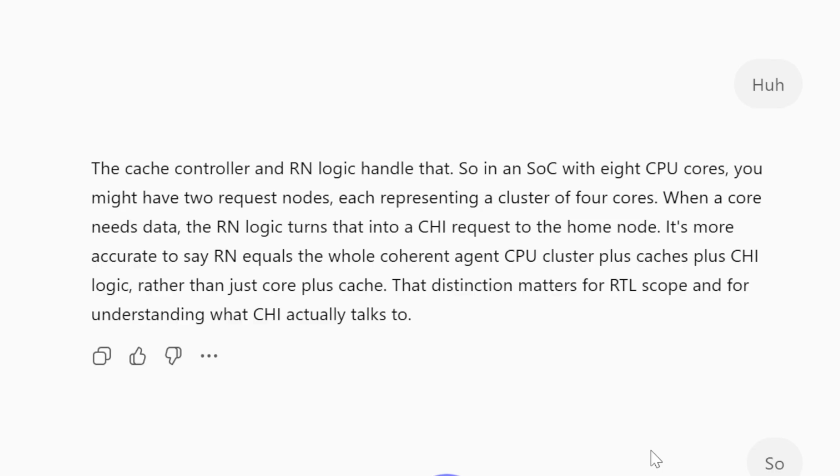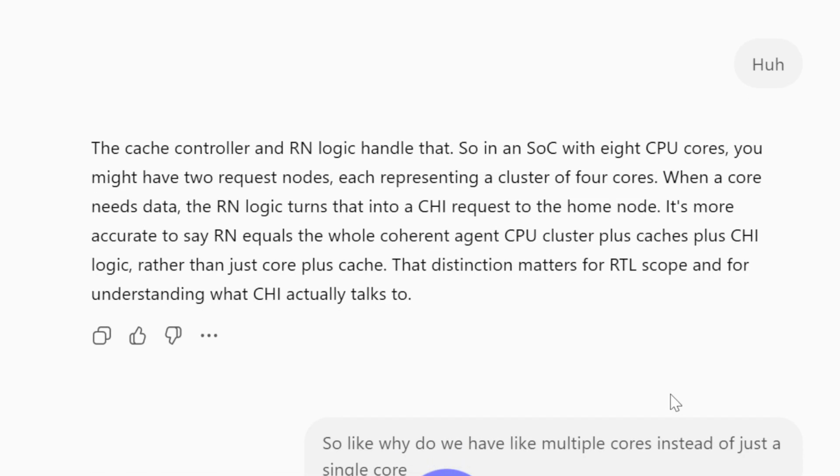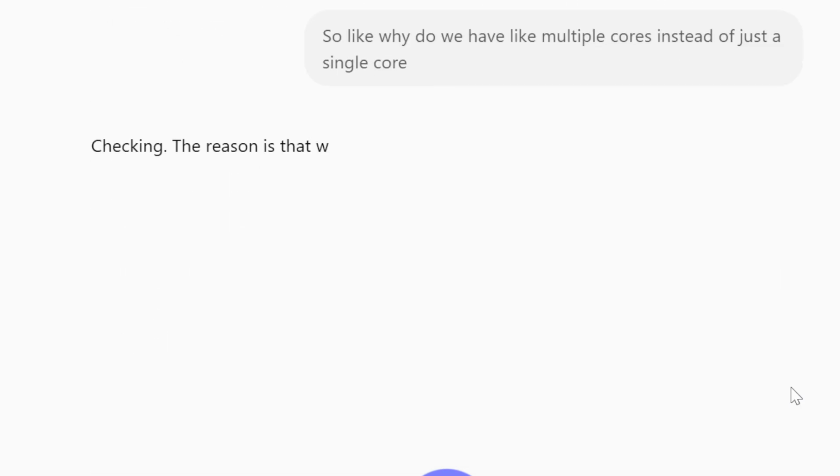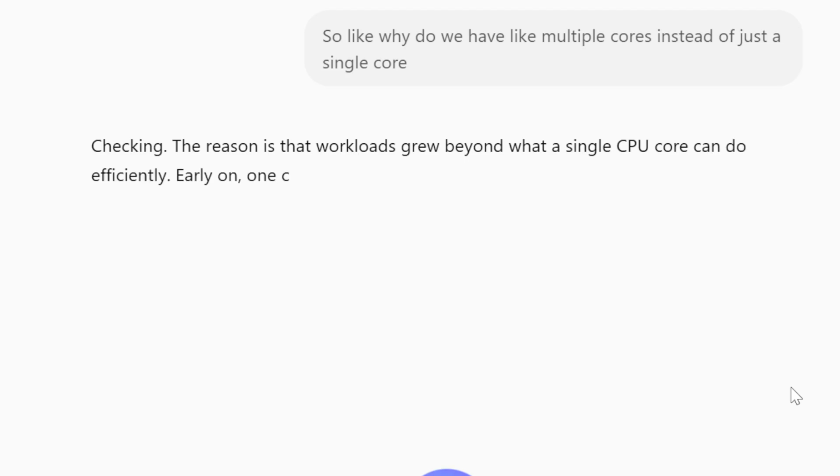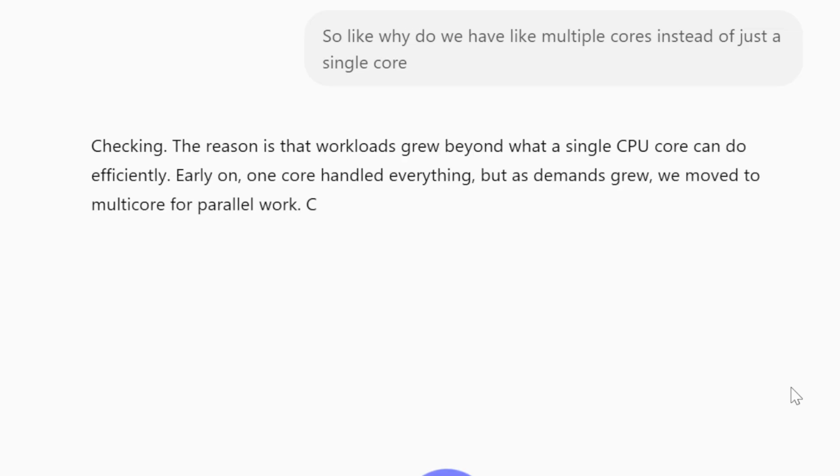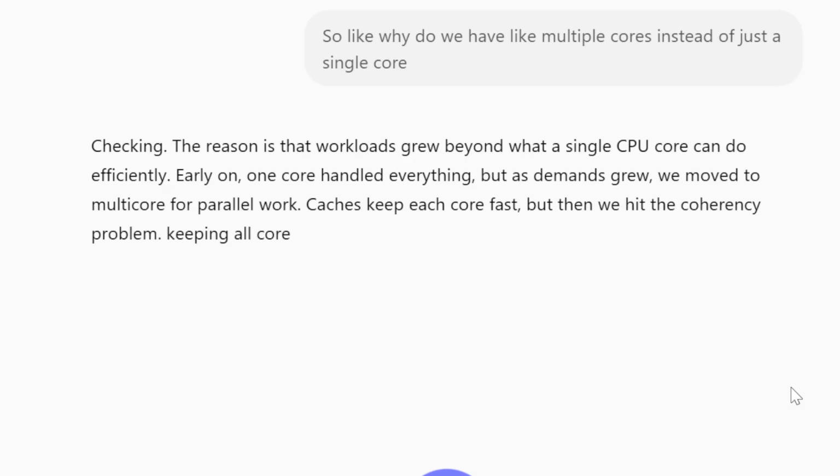So, why do we have multiple cores instead of just a single core? The reason is that workloads grew beyond what a single CPU core can do efficiently. Early on, one core handled everything, but as demands grew, we moved to multi-core for parallel work. Caches keep each core fast, but then we hit the coherency problem, keeping all cores seeing the same data consistently.